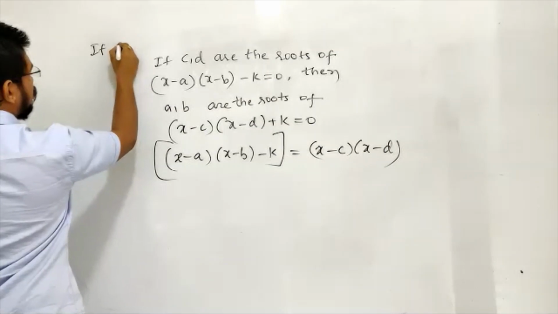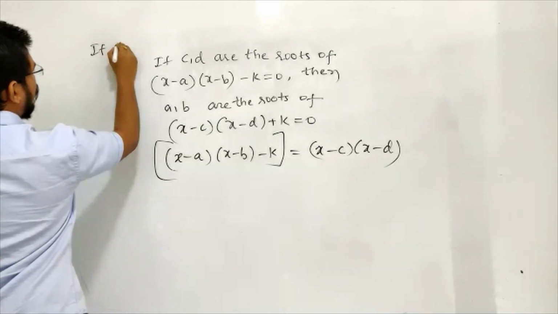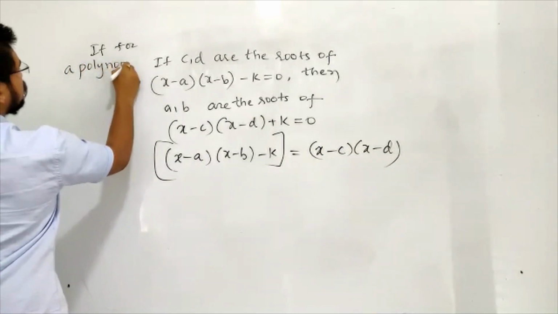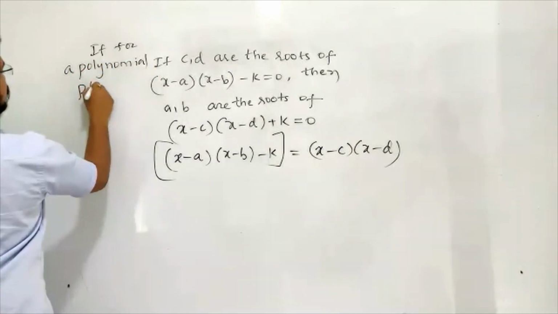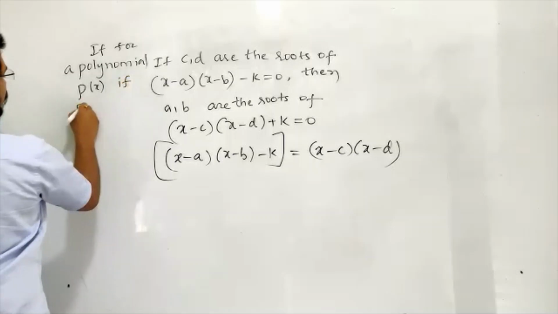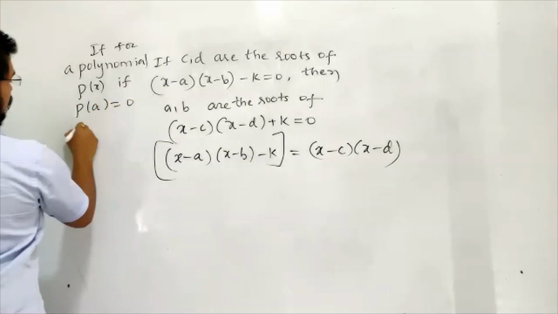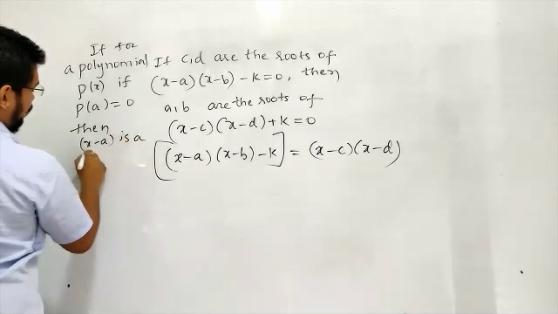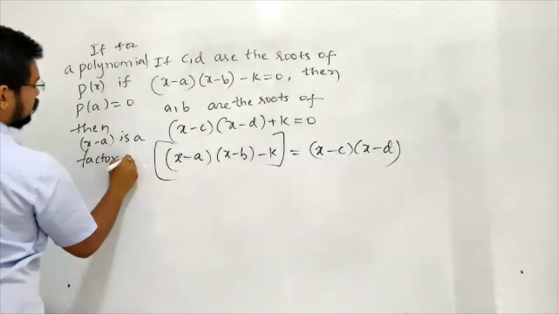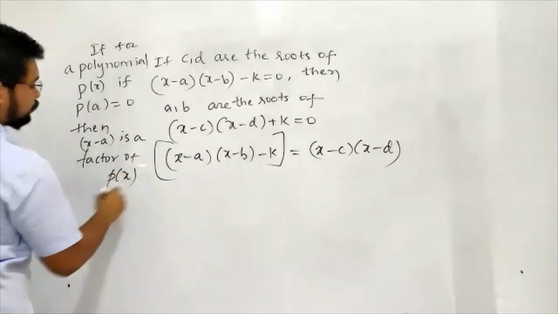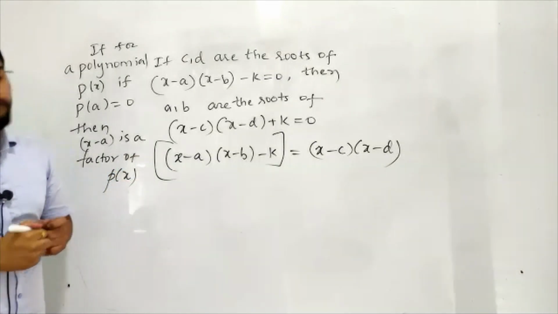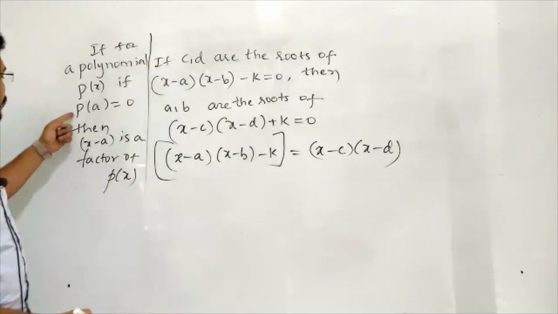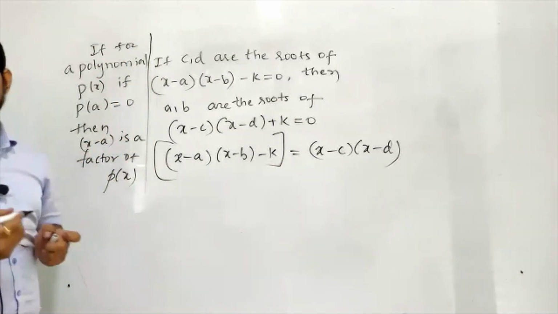For a polynomial p of x, if p of a is 0, then x minus a is a factor of p of x.